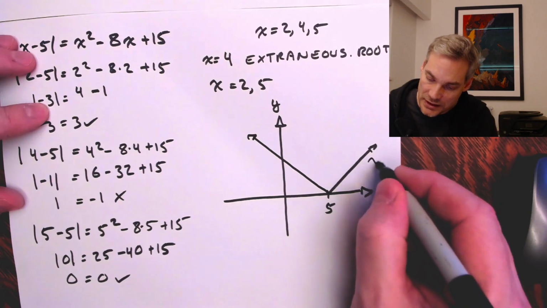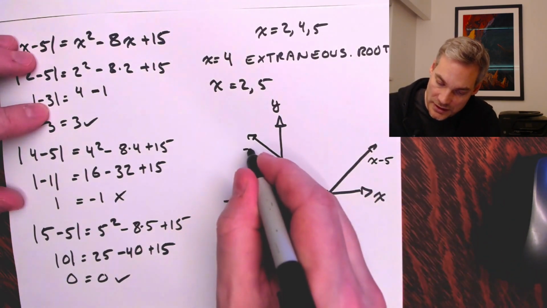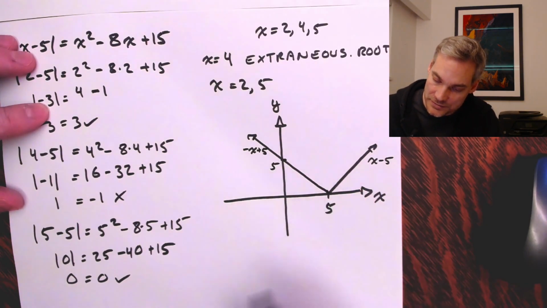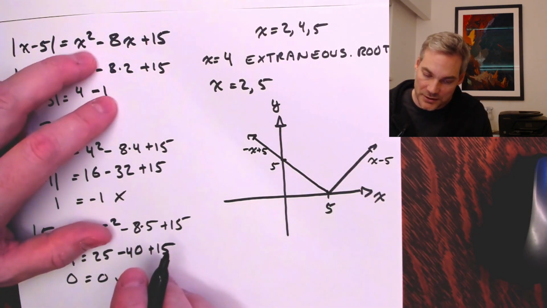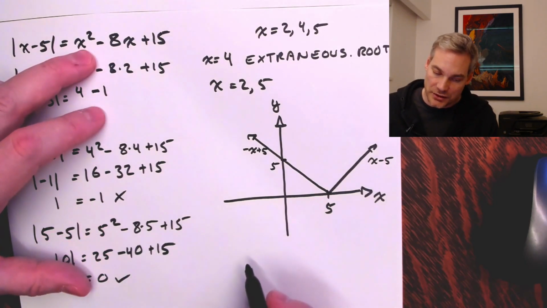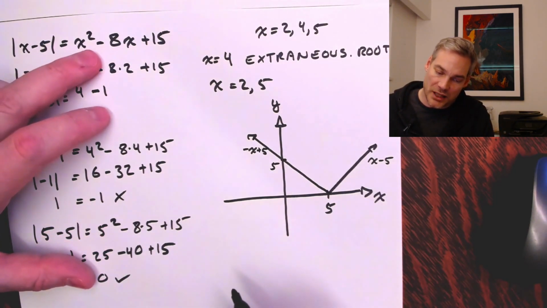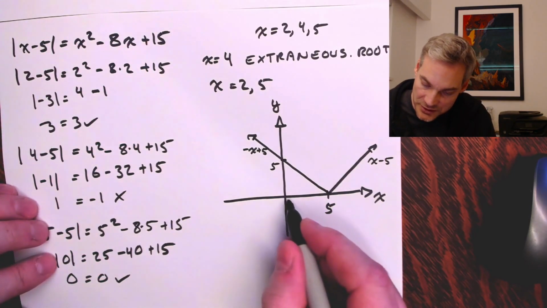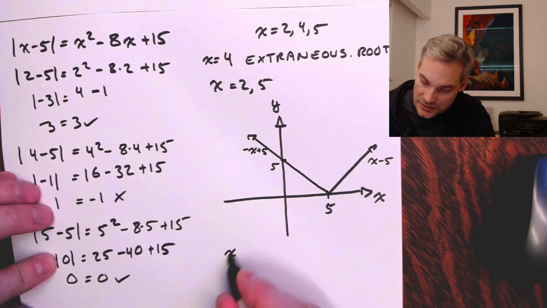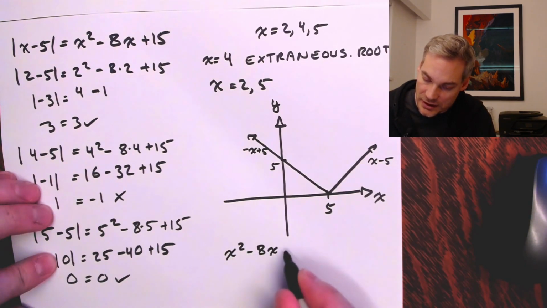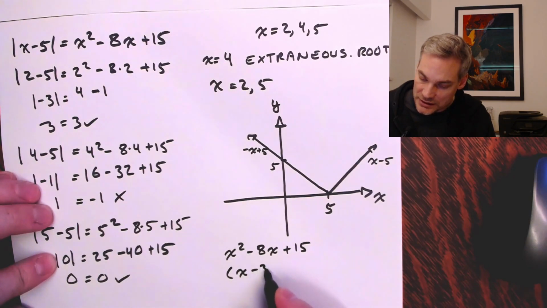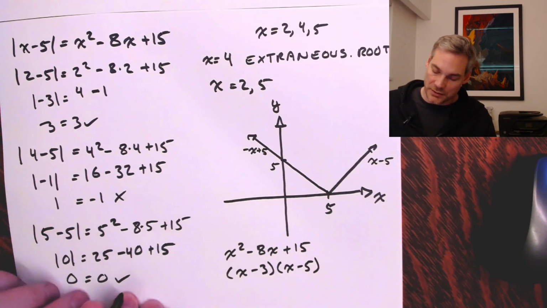So this is x − 5, and this is −x + 5. It intersects at 5. Now we have a parabola here. So x² − 8x + 15 is just factored as (x − 3)(x − 5). Sorry, I may have said those numbers wrong.